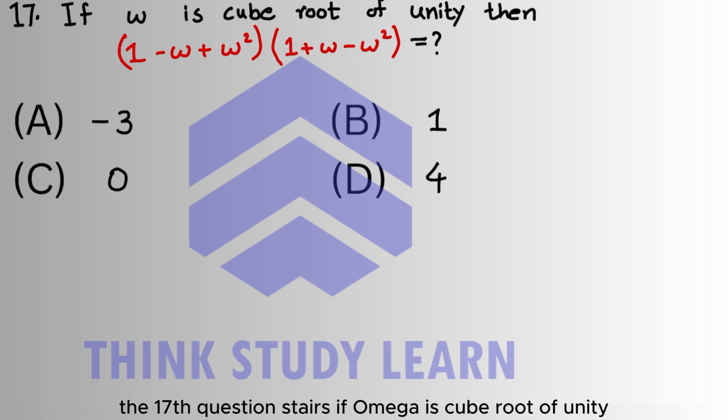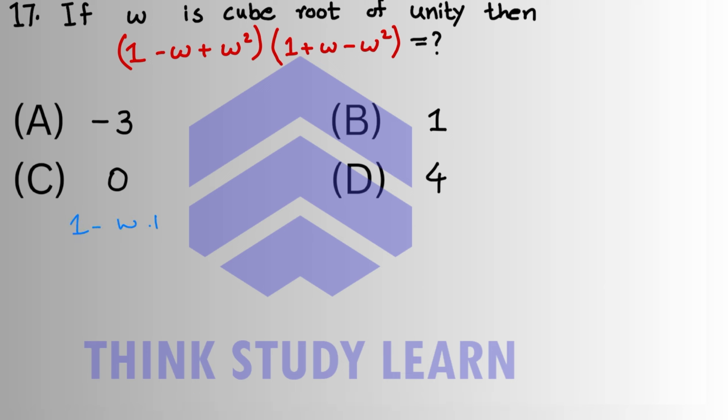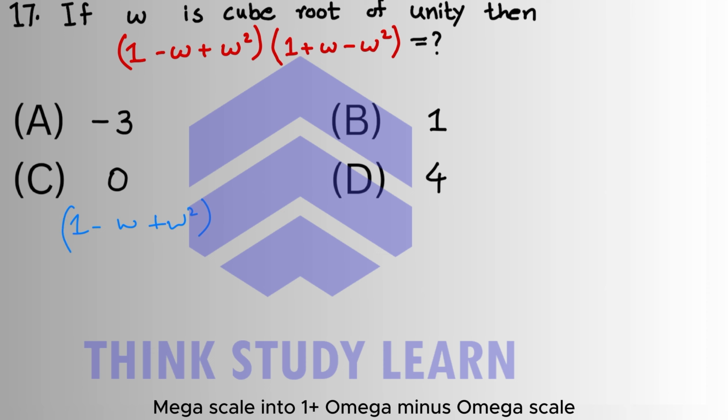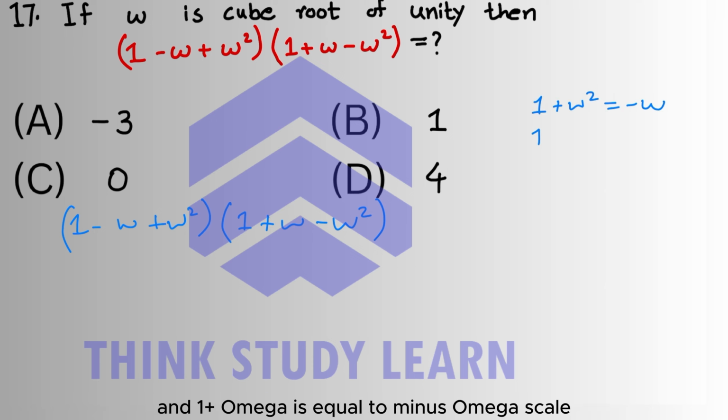The 17th question states, if omega is cube root of unity, then 1 minus omega plus omega square into 1 plus omega minus omega square is equal to what? So simply we will multiply these two expressions, 1 minus omega plus omega square into 1 plus omega minus omega square. We know that 1 plus omega square is equal to minus omega, and 1 plus omega is equal to minus omega square.